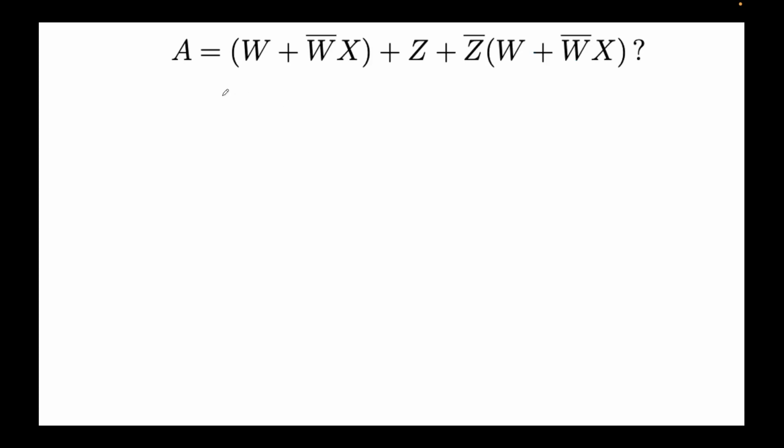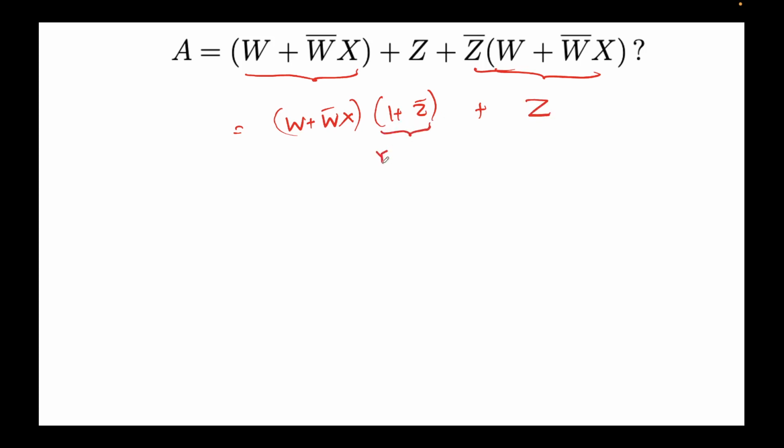All right, so from the first term and this complete term, I can take w plus w bar x common. I'll do that: w plus w bar x times 1 plus z bar, and this third term will come as it is. Now let's see what this term is.